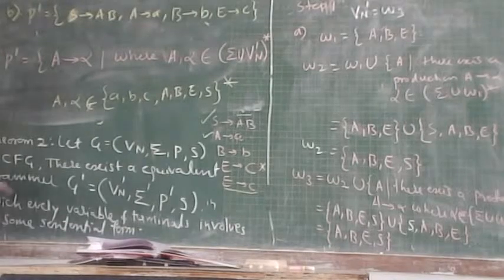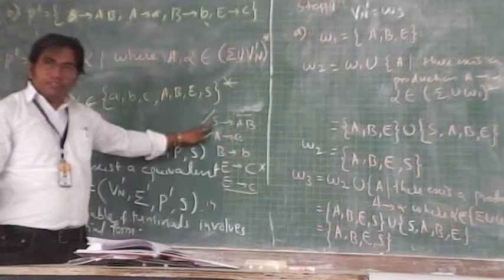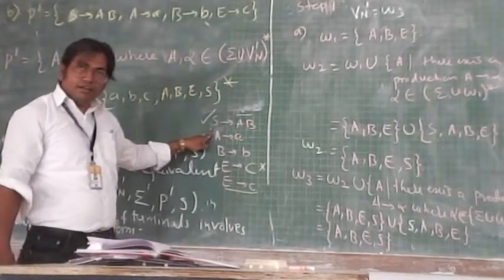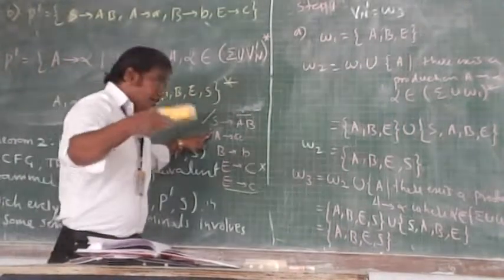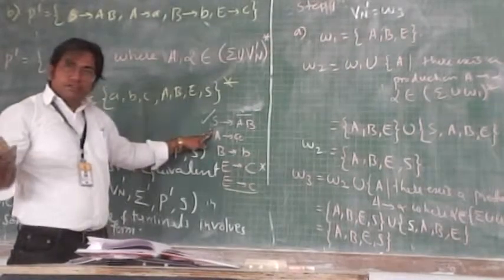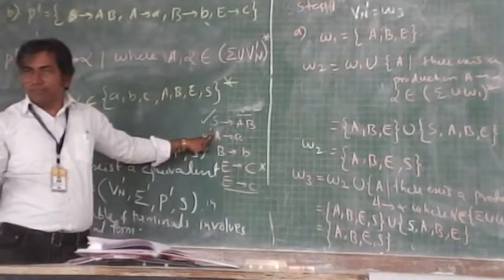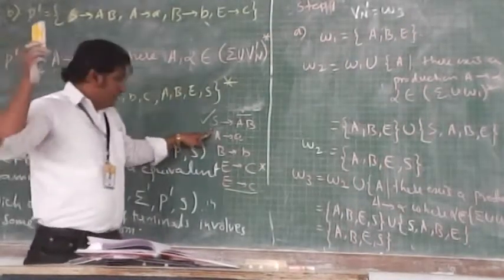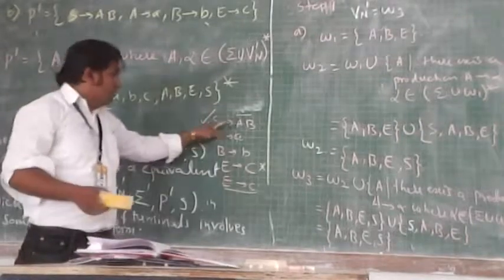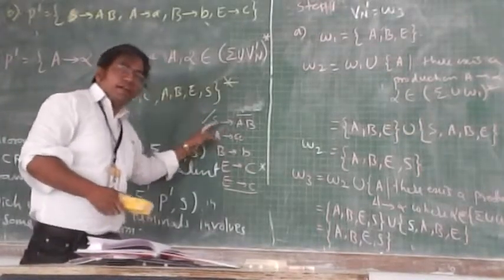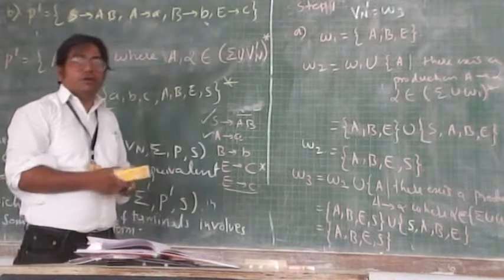So what it means is that if you go for deriving some strings out of this grammar, then the right hand side of a derivation we call a sentential form. That sentential form should have the terminals and non-terminals involved.